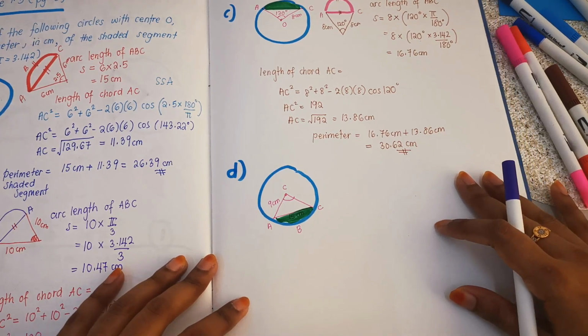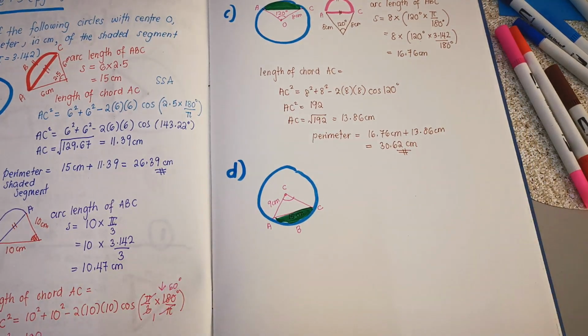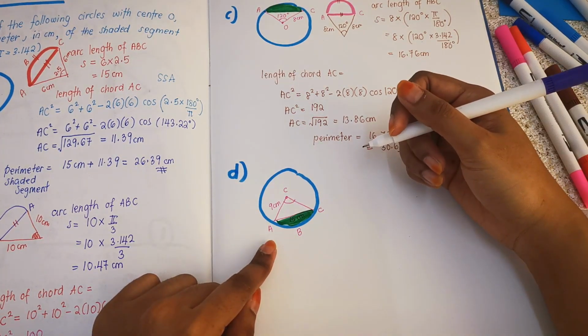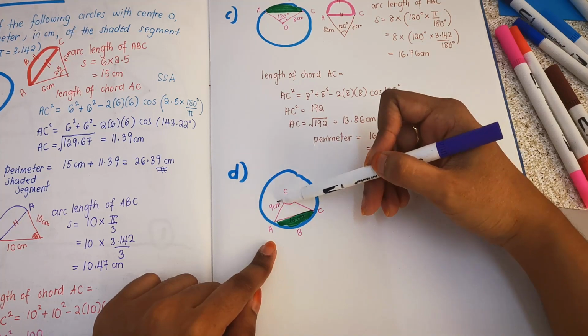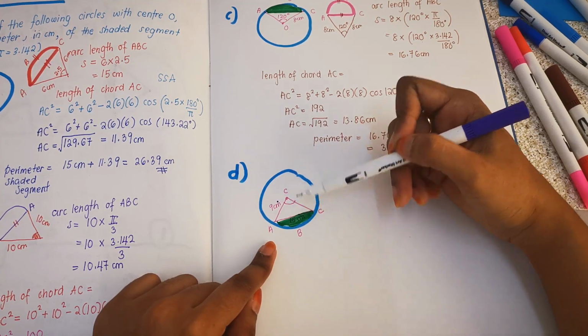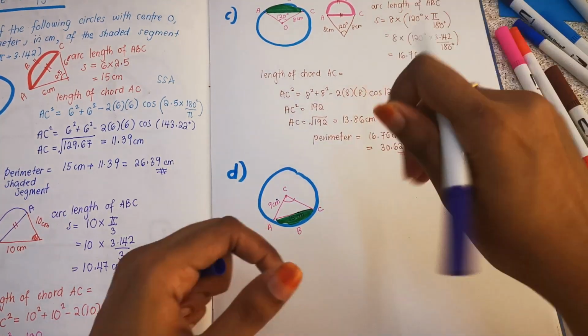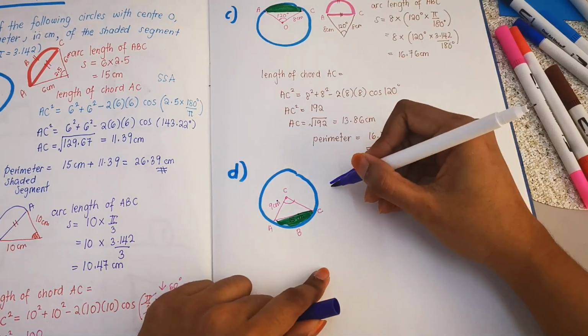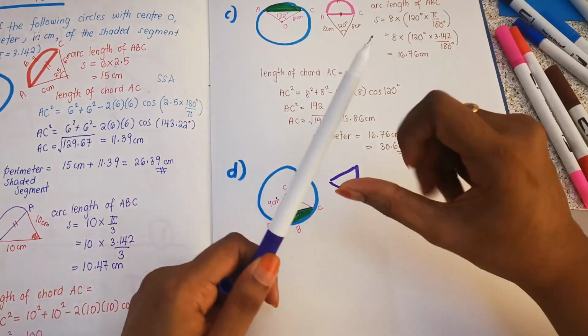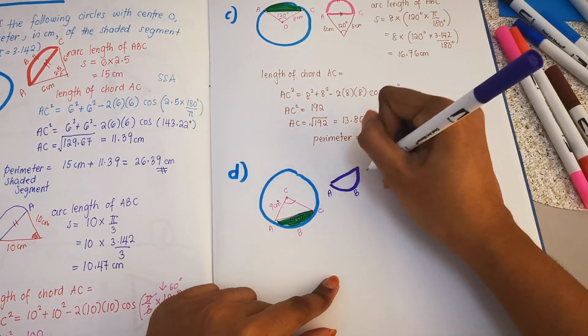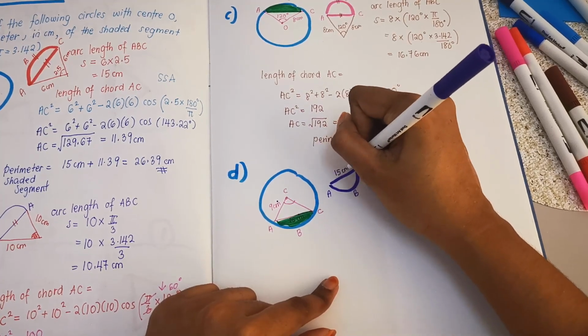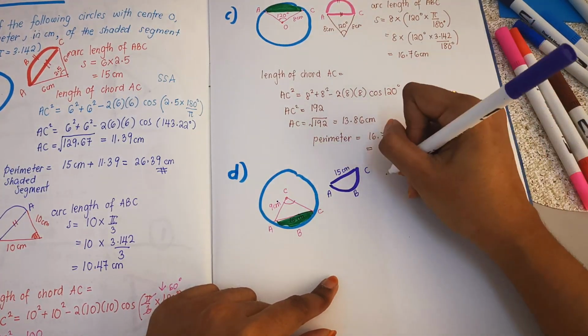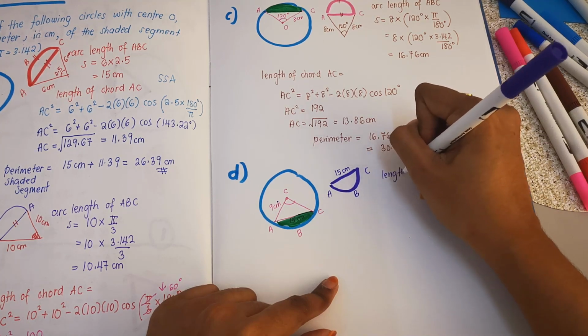Now, this is something different for D. It looks like you are given this is 9 and this is 15. So the arc, let me draw this one. This is this way. It looks like you are given here 15, right? You're given the length of chord.